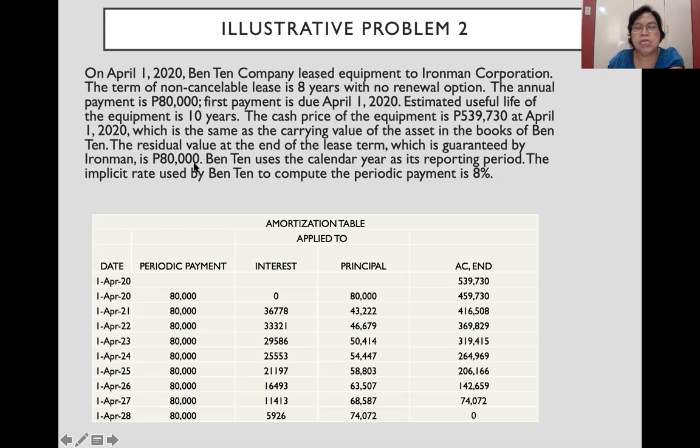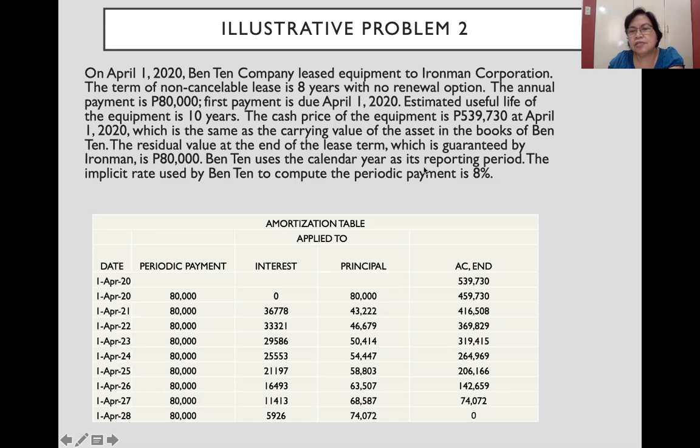This is to be collected from the lessee either in the form of the asset that will be returned to the lessor or in the form of cash in case the residual value falls below the amount that is guaranteed by Ironman.